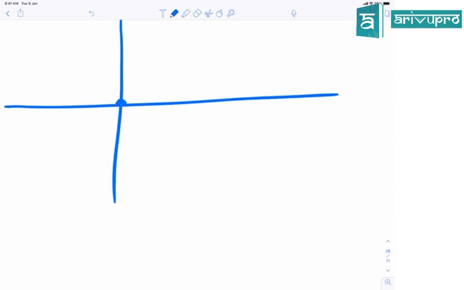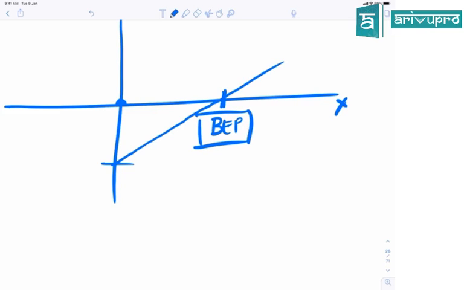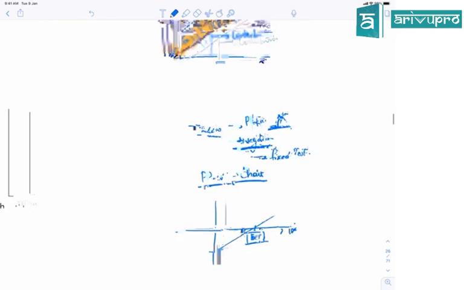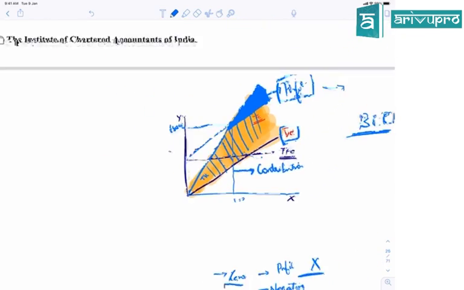So, see here, my loss keeps reducing slowly, and finally it will touch my x-axis. This is going to be my break-even point. Did you understand this? Now, see here, this is my break-even point, correct?